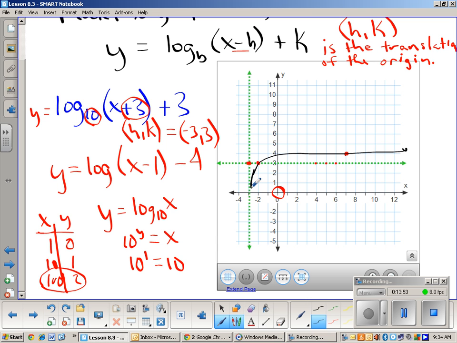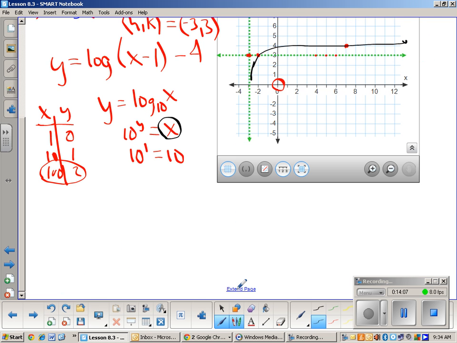Now you have to be careful here, because there's no way to make x equal to 0. 10 to whatever power is not going to equal 0. And so that's why it's not going to ever cross this line here that represents our y-axis that we moved 3 units left in this case.